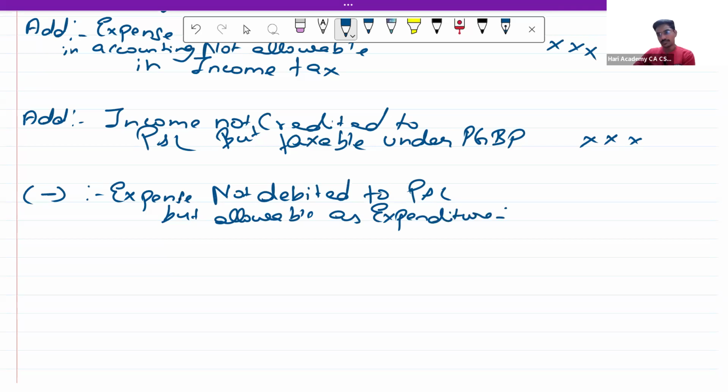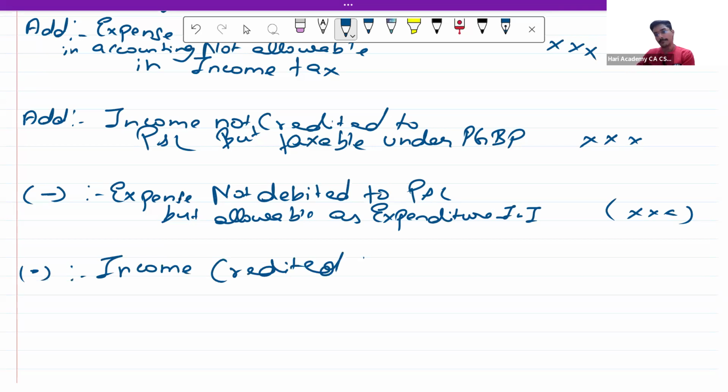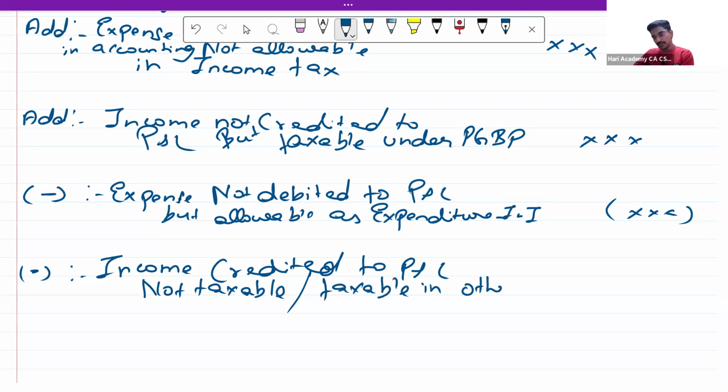And the second subtraction is income credited to P&L but not taxable in the entire Act, or taxable under other heads of income.